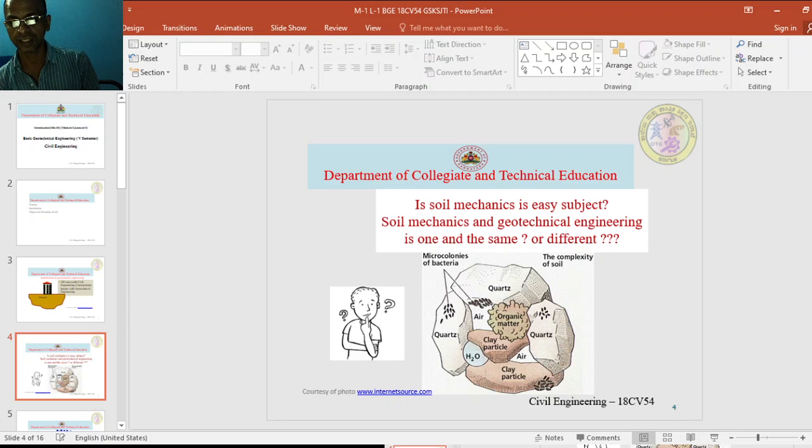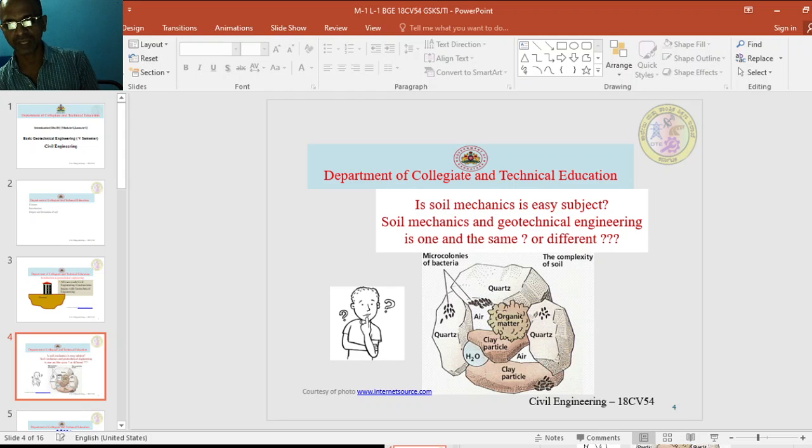Hence I can say that soil is not simple, it is complex in nature. If you want to study the behavior of such complexity, you need a lot of analysis. Hence soil mechanics is not an easy subject.